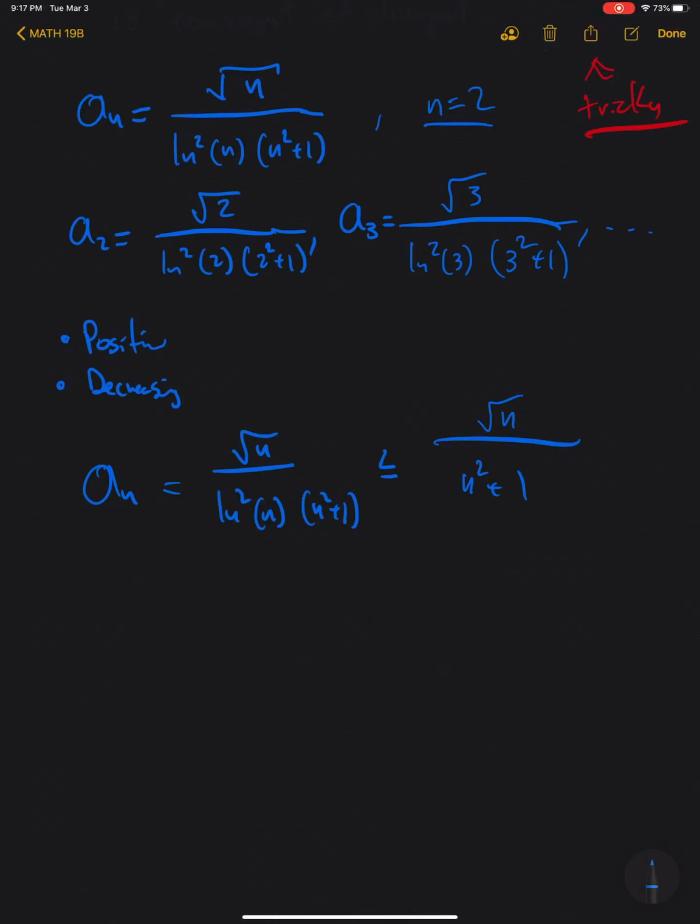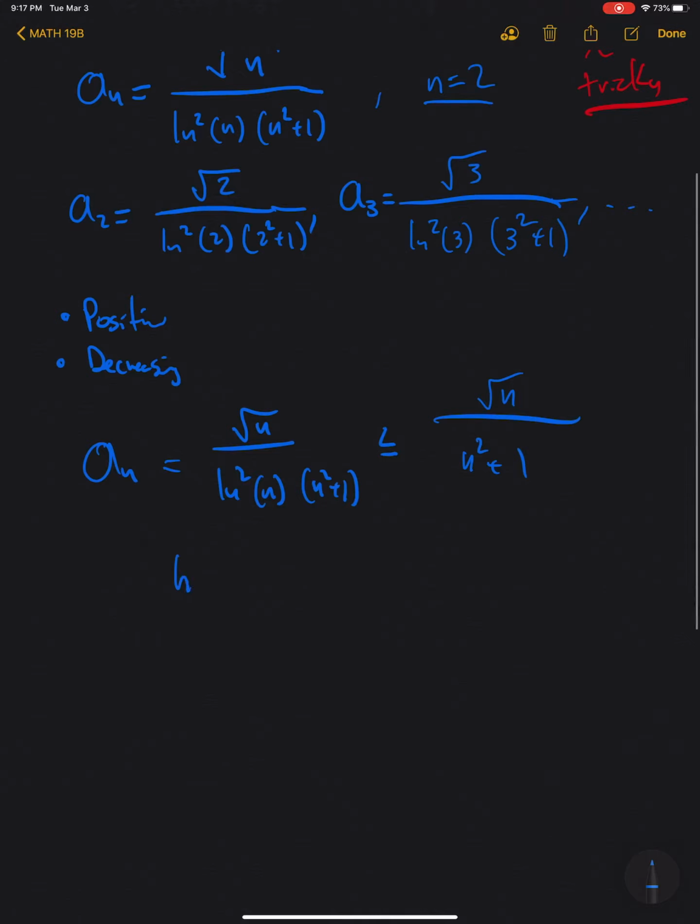Removing the natural log makes the fraction bigger, because natural log of n is bigger than 1. If I remove this natural log squared factor, the denominator becomes smaller, which makes the fraction bigger.